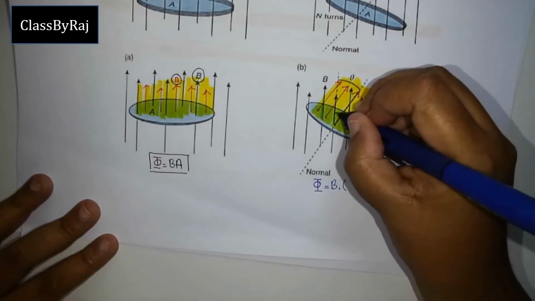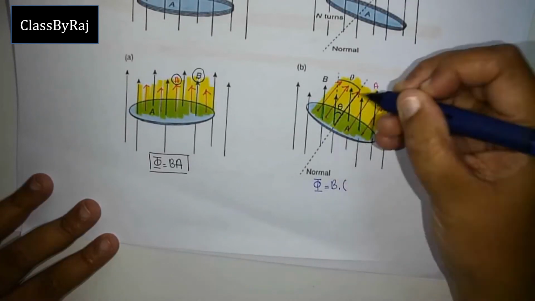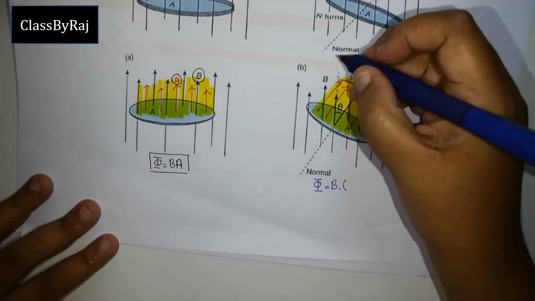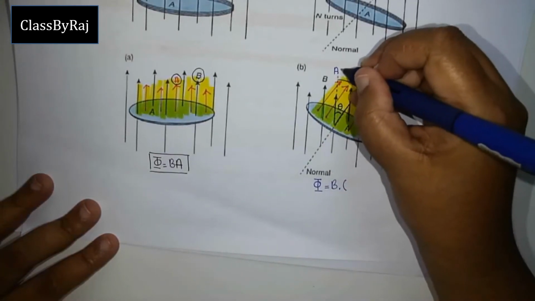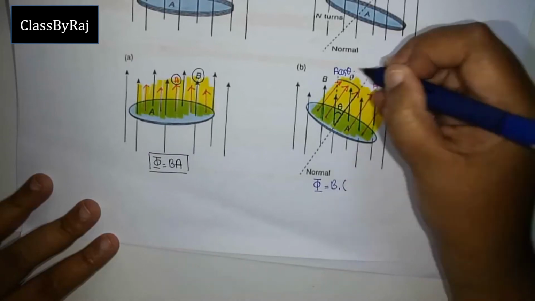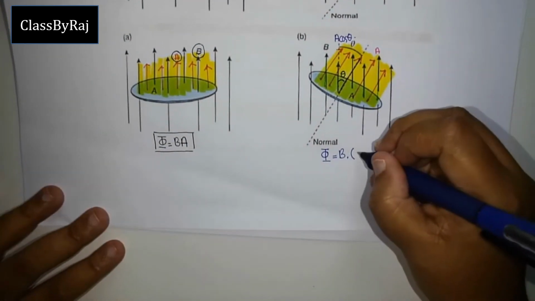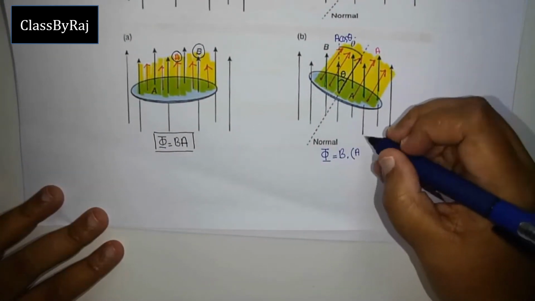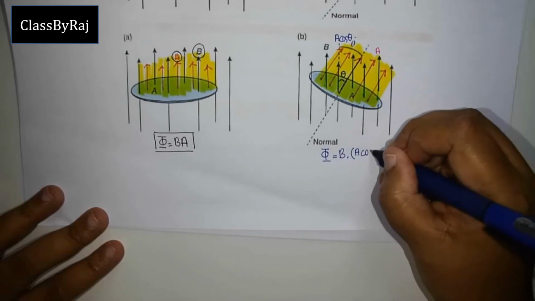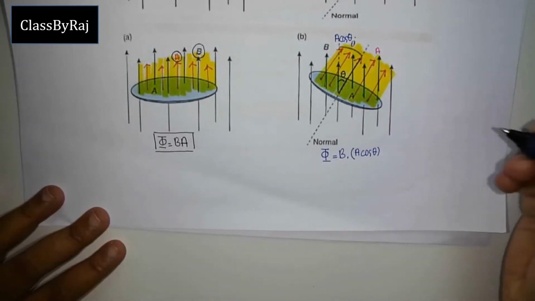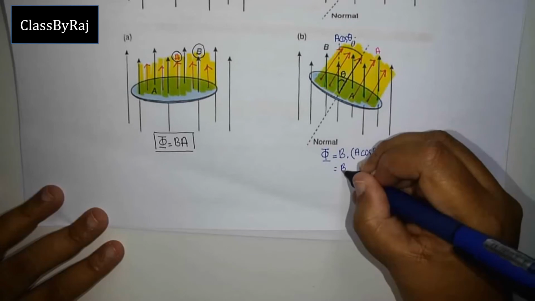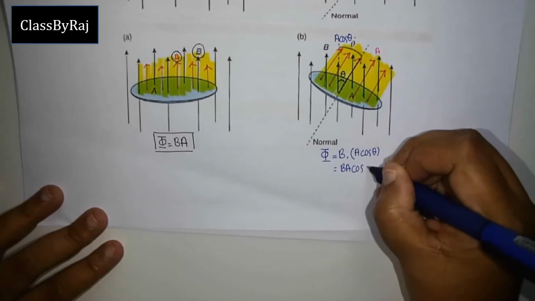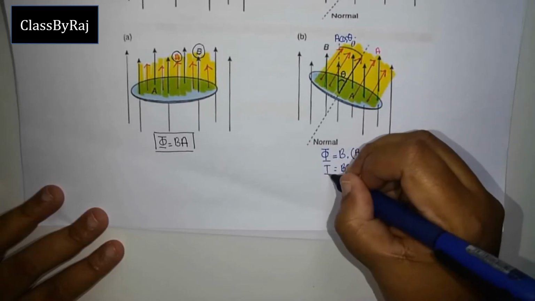If you have an angle theta here, the A that is normal to the B will be A cos theta. Correct? So phi equals B times A cos theta. So you get B A cos theta, phi.